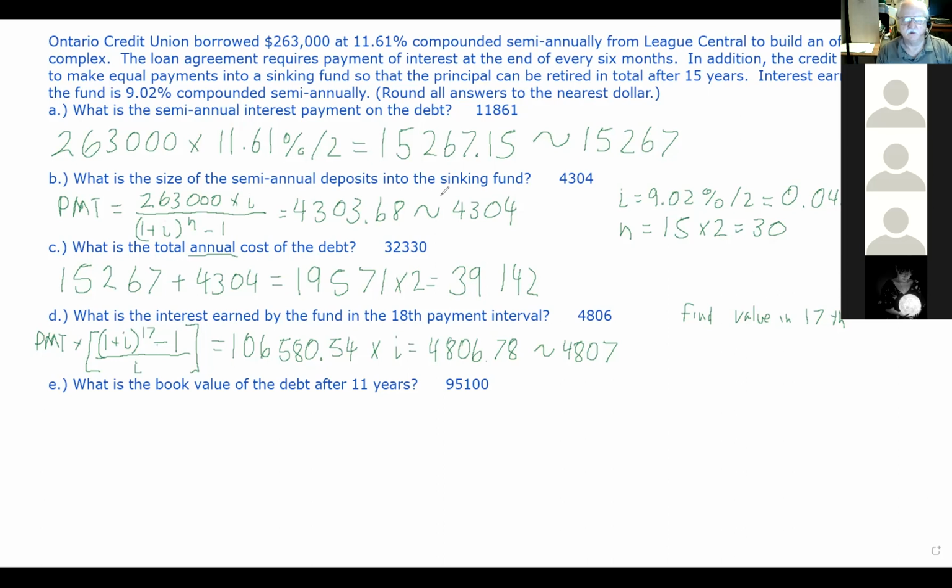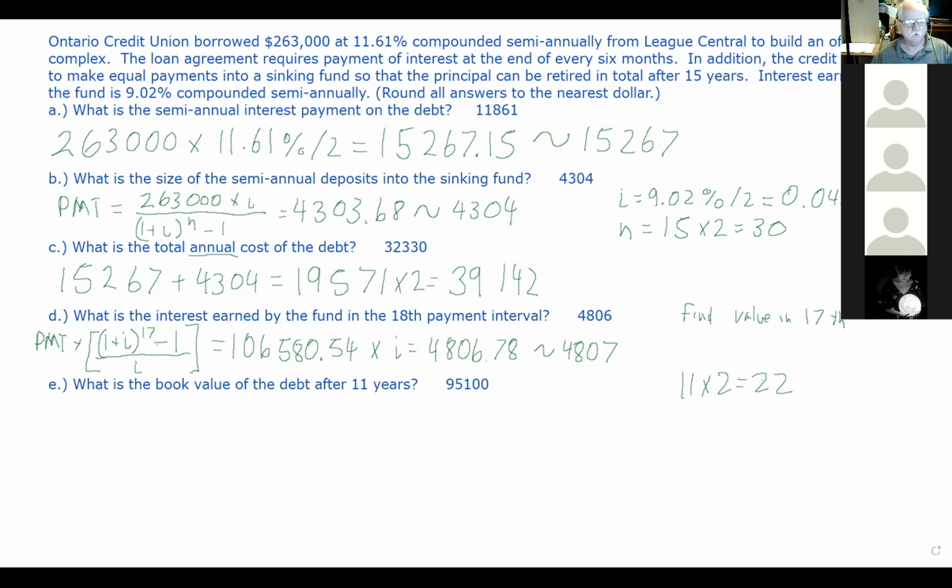So 11 years would give us 11 times 2, of course, is 22 payment periods.